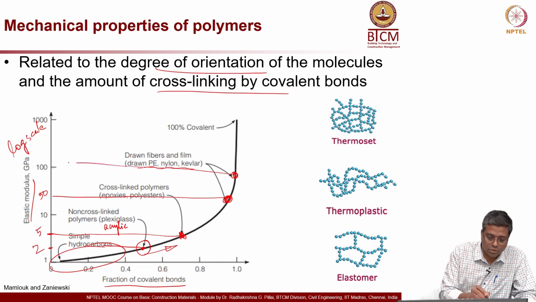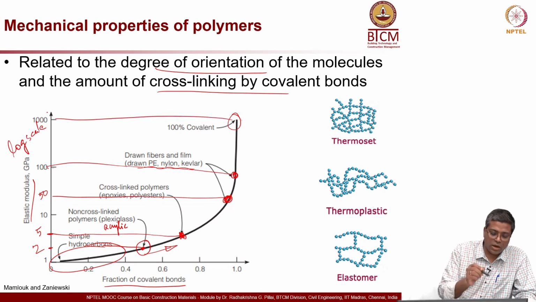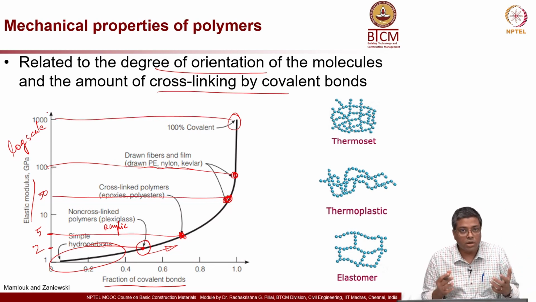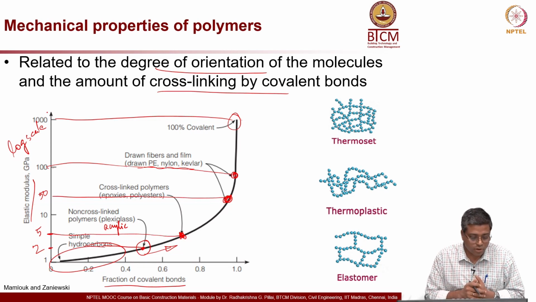This could be close to 100. Now, when you have 100% covalent bond, you have very high modulus. For concrete, for example, you have very high elastic modulus, though concrete also depends on what type of concrete you talk about. But 100% covalent bond is diamond, and you have very high modulus for the diamond.